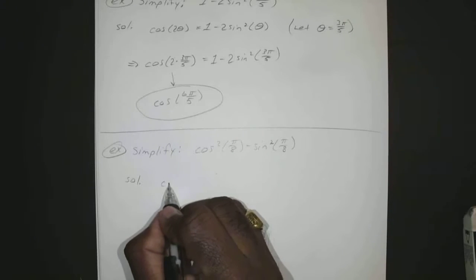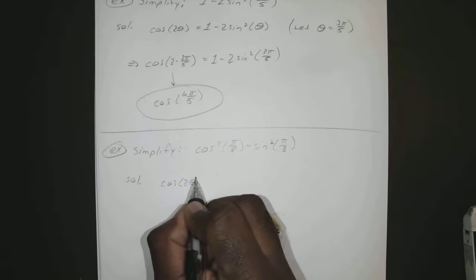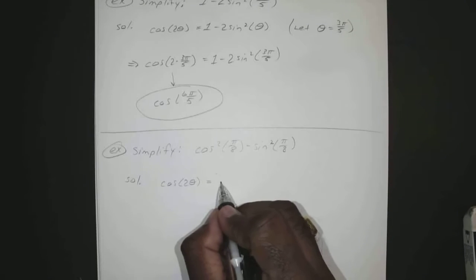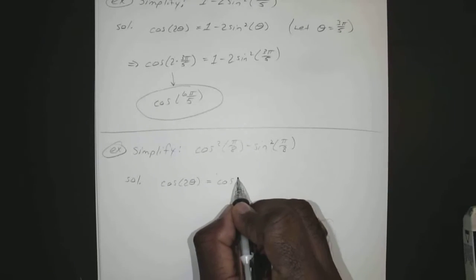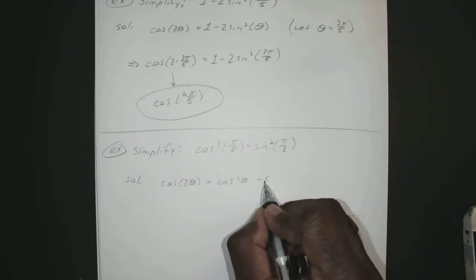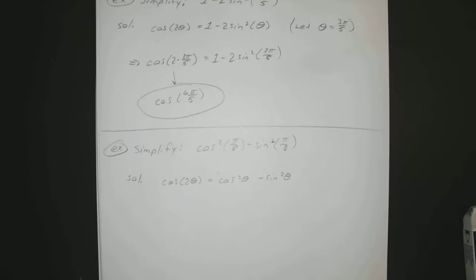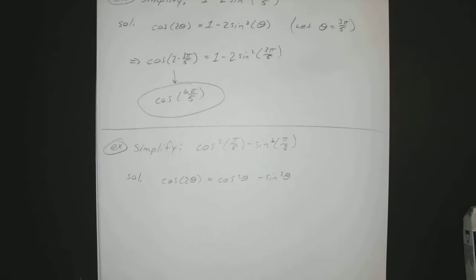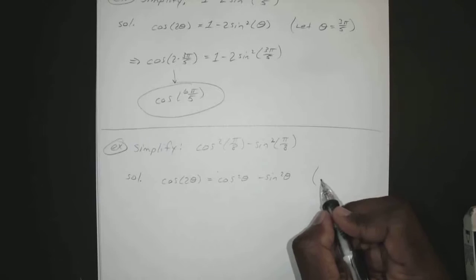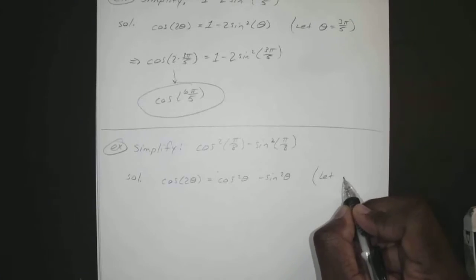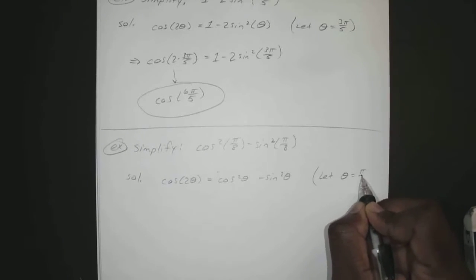Once again, cosine of 2 theta is equal to cosine squared of theta minus sine squared of theta. Okay. So here, we're going to let theta equal pi over 8.